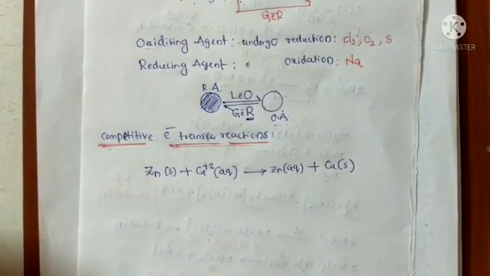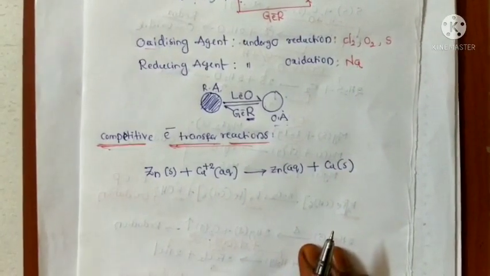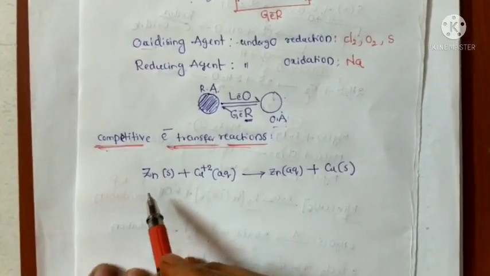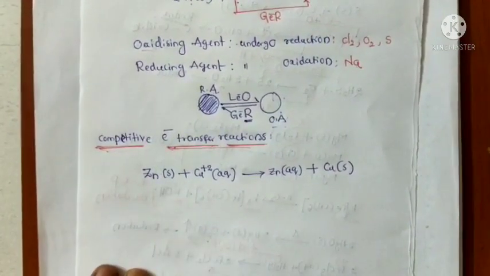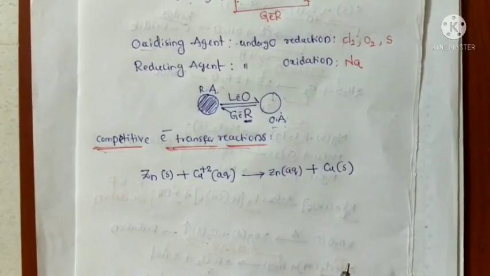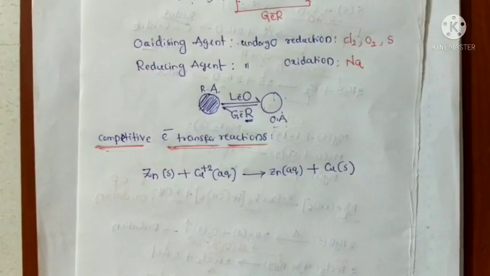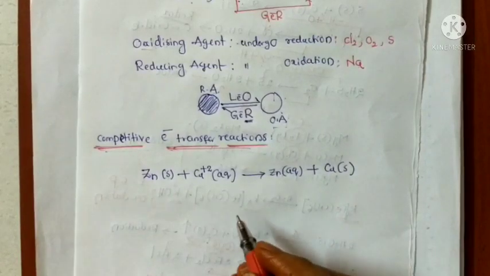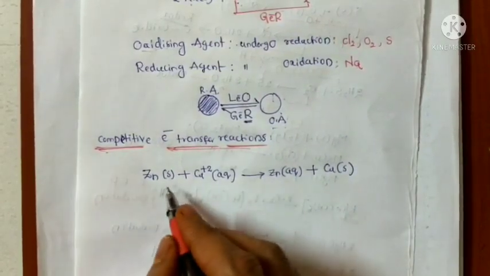This is the experiment given in your book, but finally you should concentrate on which metals have more tendency for losing electrons.